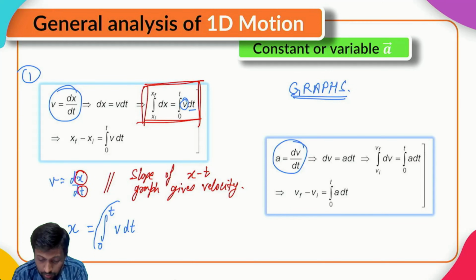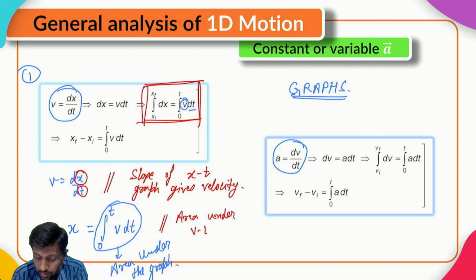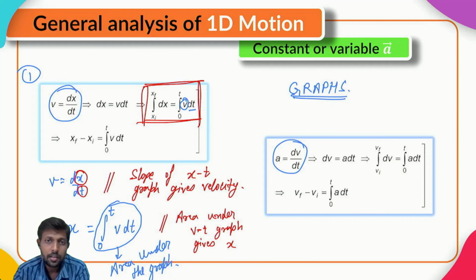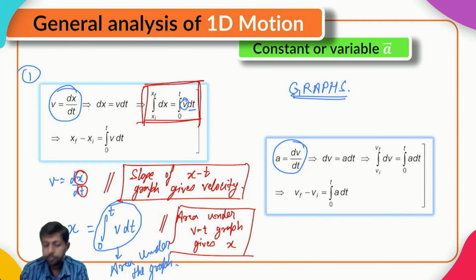And this quantity gives area under the graph. So what did we learn again? We learned that area under velocity time graph gives displacement, right? Okay. So very important results. Please remember this. This will help you solve many, many problems.